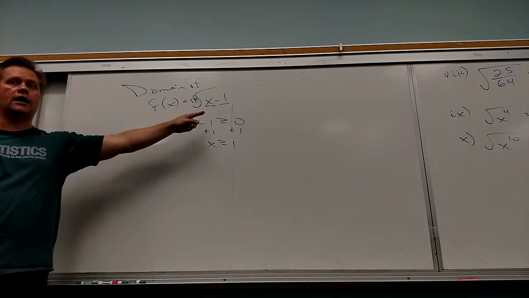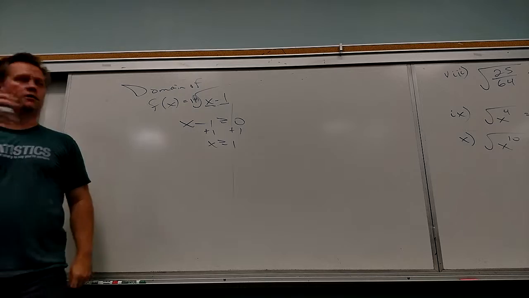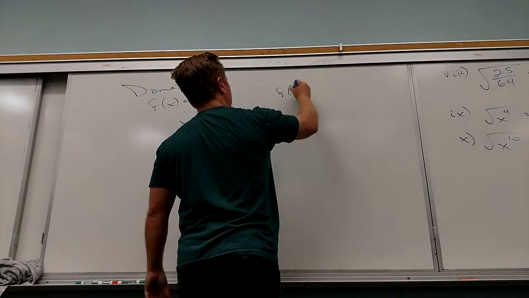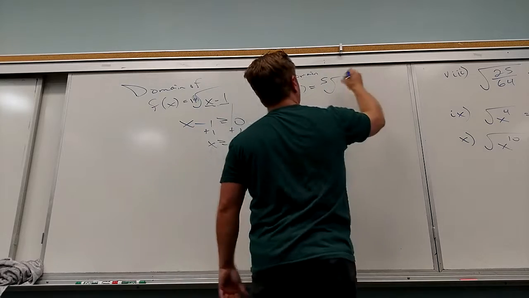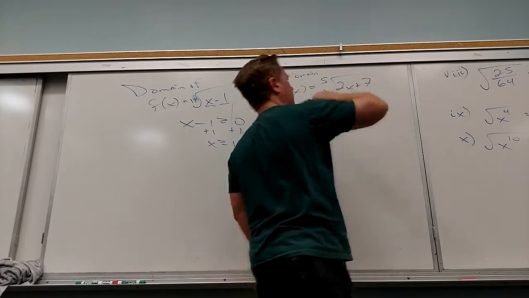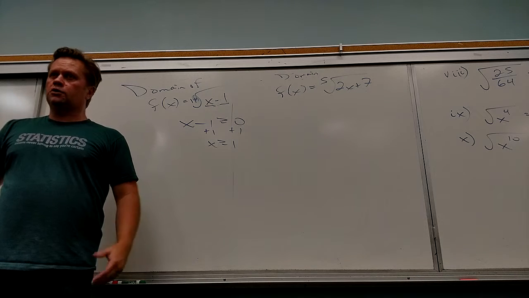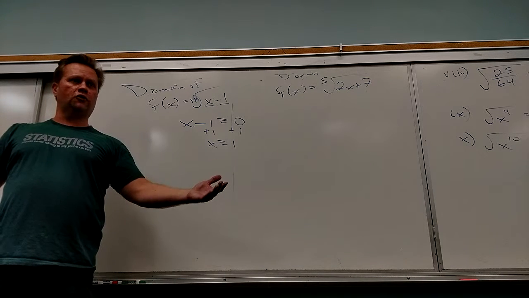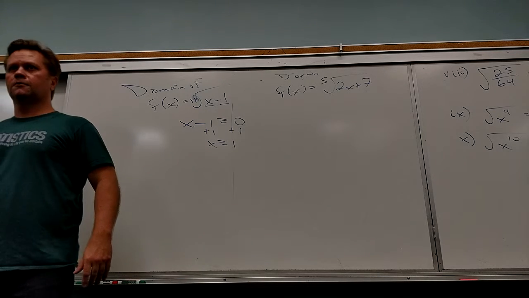It's just the inside has to be at least 0. Why? Because the root is even. So what if I had this problem? What's the domain of the 5th root of whatever? Is there a restriction on what it can do? We just did the 5th root of 243, and then we did the 5th root of negative 243.